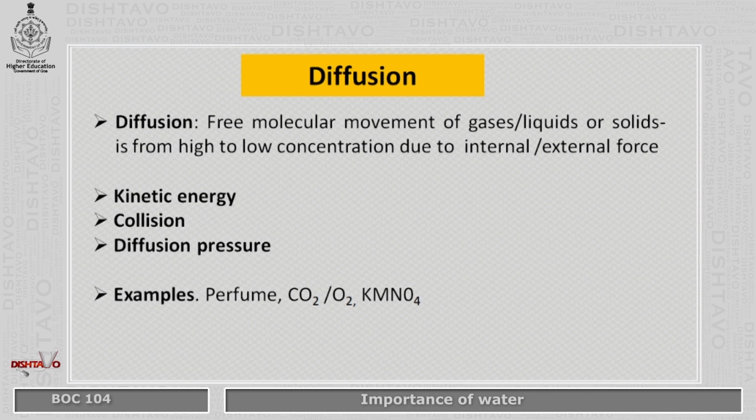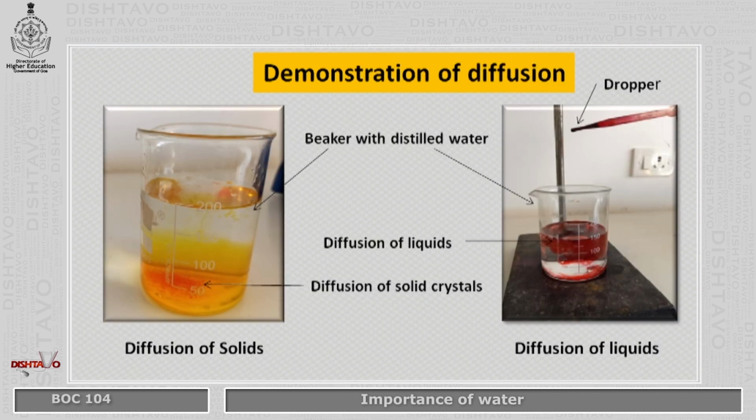Like if you open a perfume bottle in one corner of the room, you will find the smell would reach the extreme corner. This is because molecules have diffused across the medium. This is a way one can demonstrate diffusion simply. Diffusion of solids is shown in this figure, where you can simply put some crystals of KMnO4 or any other crystal dye in pure water, and you will find the molecules start diffusing.